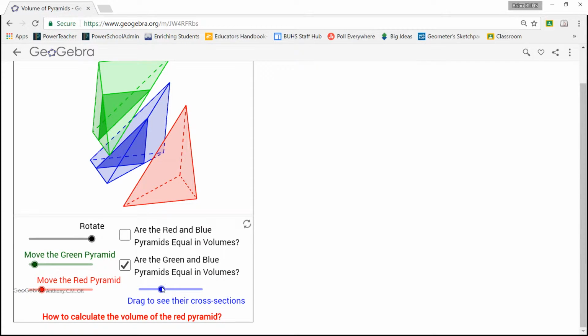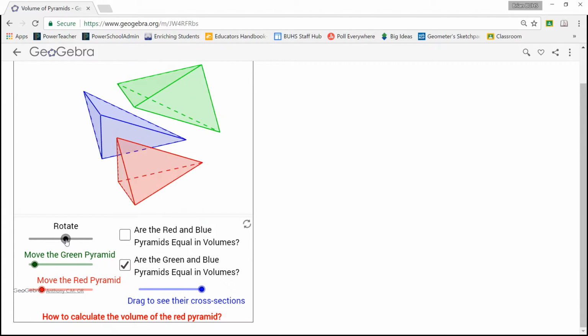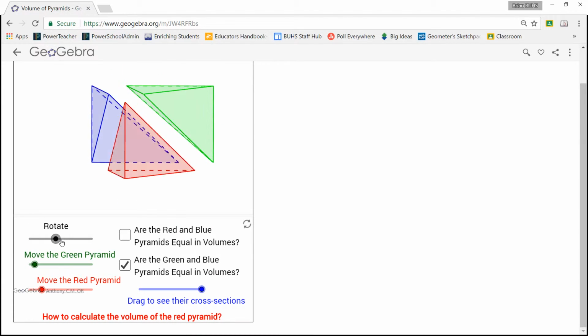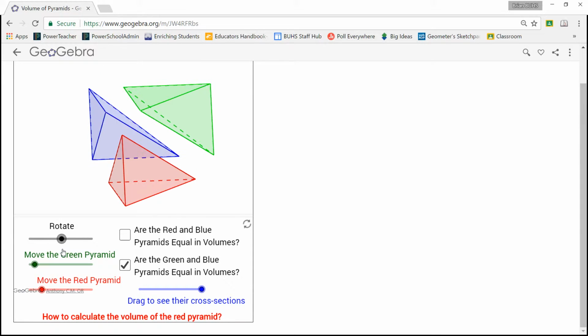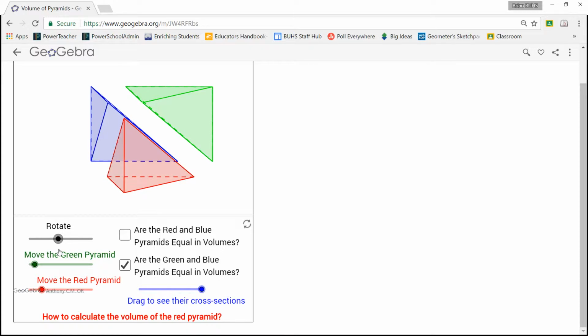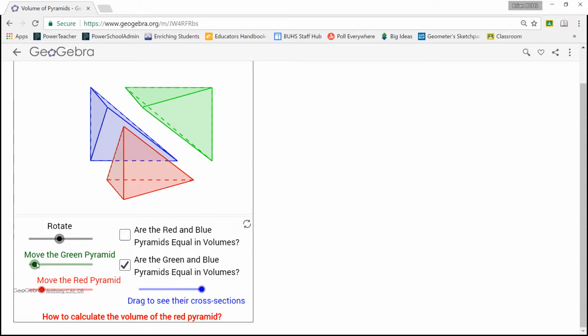And it turns out the same thing is true for the green and the blue. So either of those pyramids is how much of the volume of the original solid? It is 1/3. If they're all the same to each other, they are all going to be 1/3 the volume of the original.